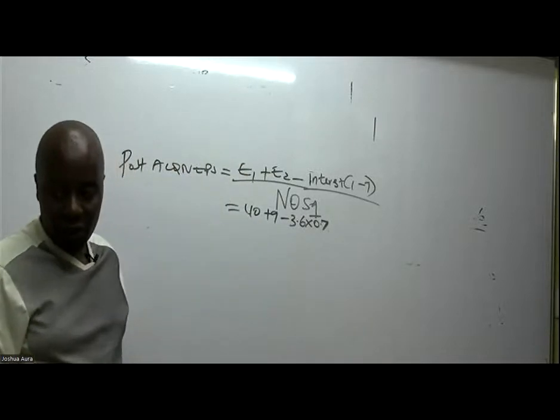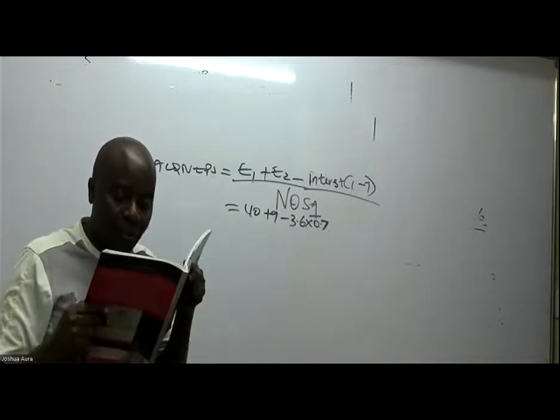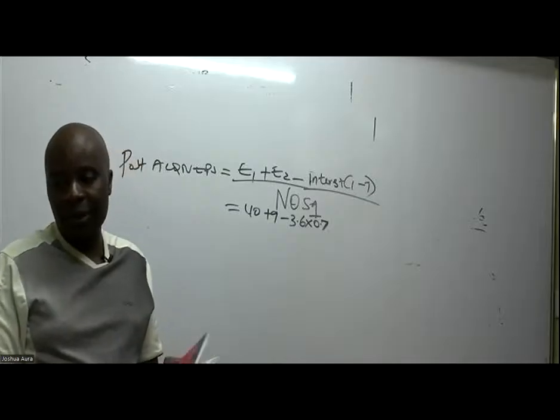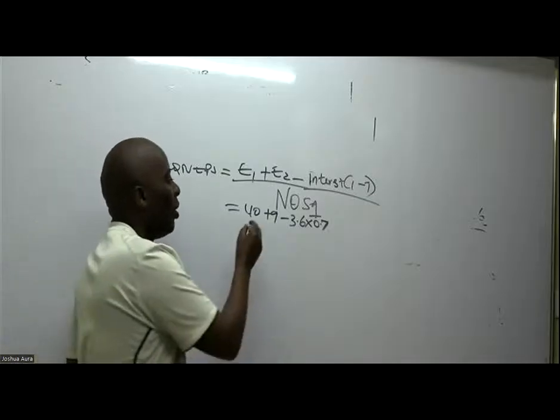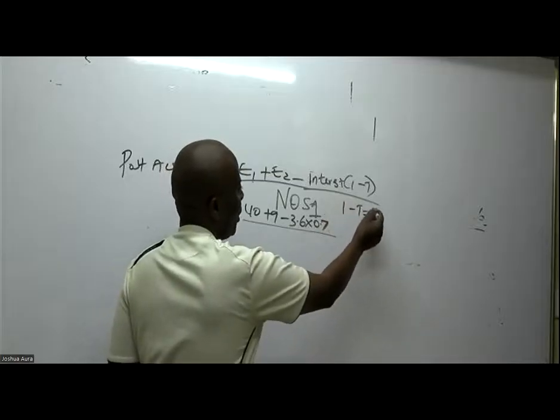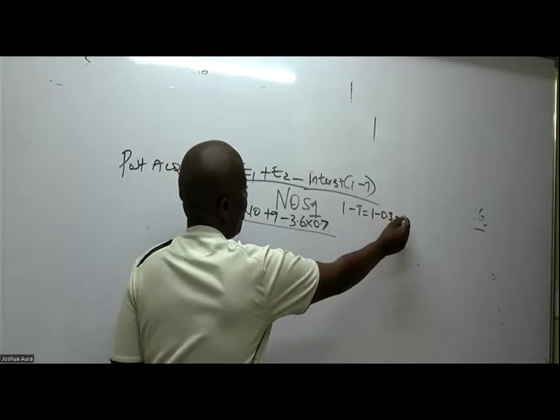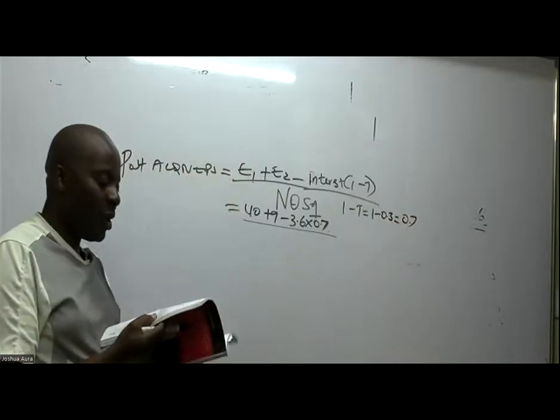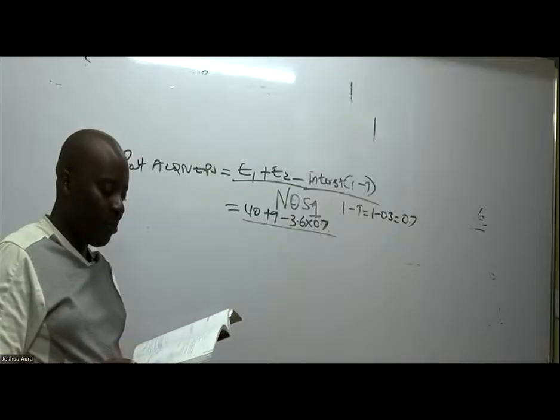It's 1 minus tax, isn't it? Tax this time round is 30%, it's given down there. All over, so 1 minus tax, 1 minus 0.3, this will give us 0.7, all over the number of ordinary shares of the first company.